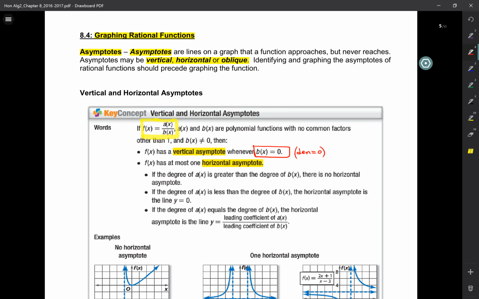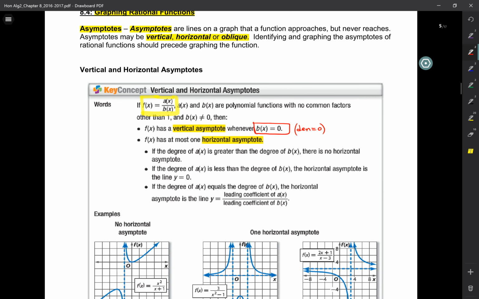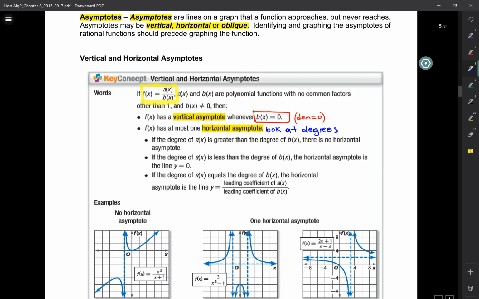Let's talk about horizontal asymptotes. To find horizontal asymptotes, we need to look at the degrees. We have to compare the degrees of the numerator to the denominator. If the degree of a, now was a the numerator or denominator? A is the numerator. If the degree of a is greater than the degree of b, no horizontal asymptote.